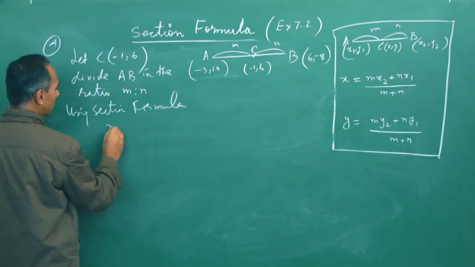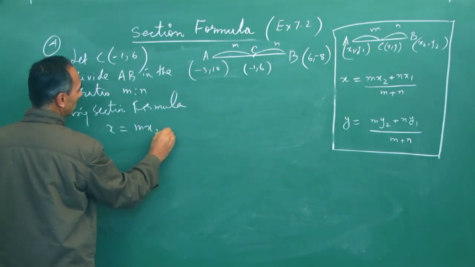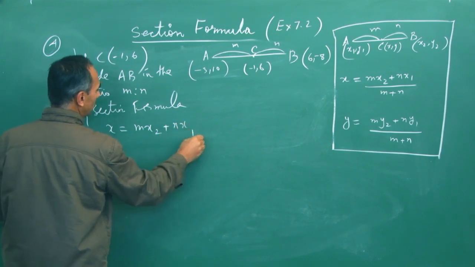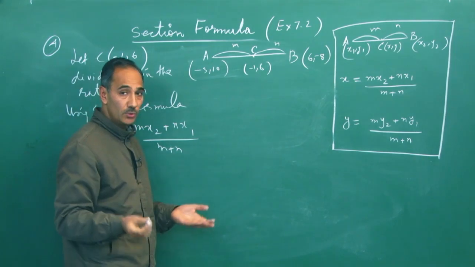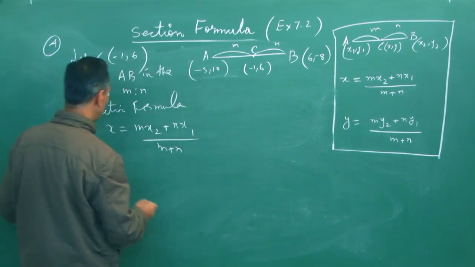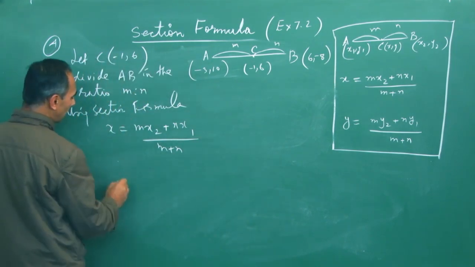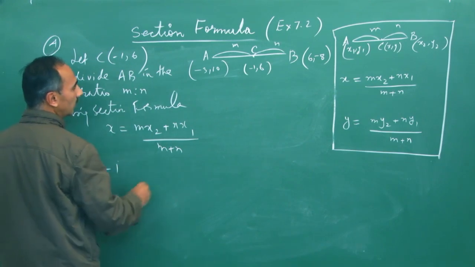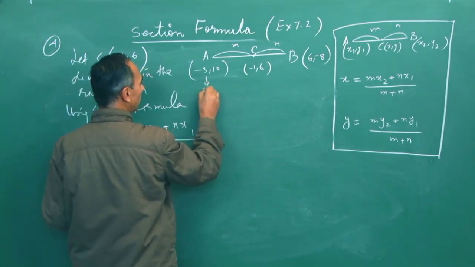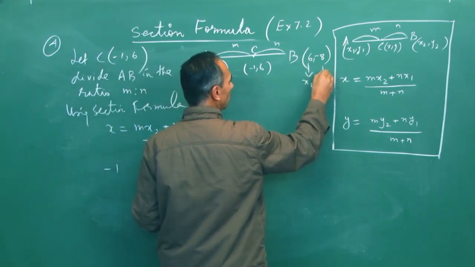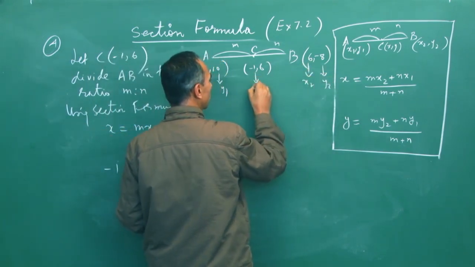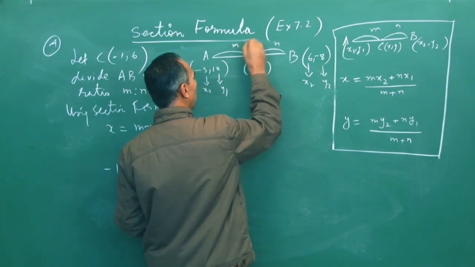That means x will be (mx2 plus nx1) divided by (m plus n). Maybe we don't need to prepare the y coordinate. How much is x, my dear friends? x is -1. See, this is x1, this is y1, this is x2, this is y2, this is x, and this is y. This is m and n.